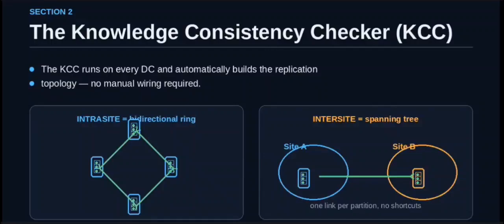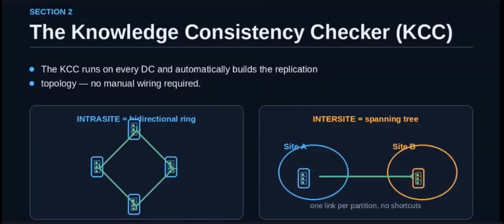So the school appoints a coordinator. The coordinator decides who should share information with whom. That makes sure everyone eventually gets the same announcement without creating unnecessary communication. So in Active Directory, the Knowledge Consistency Checker, or KCC, works like that coordinator.